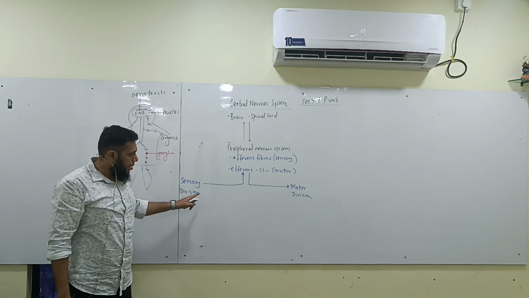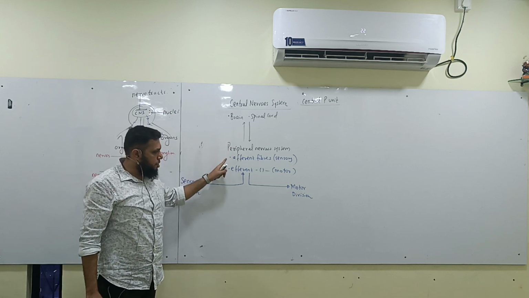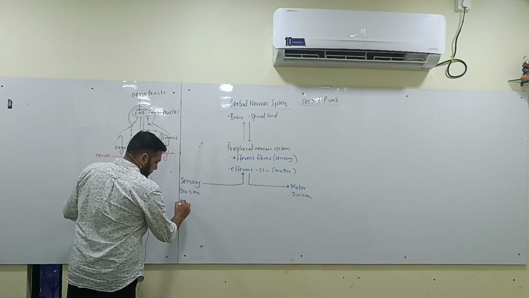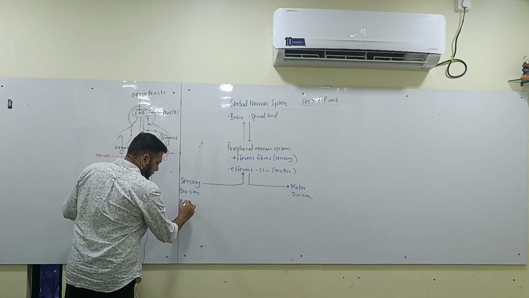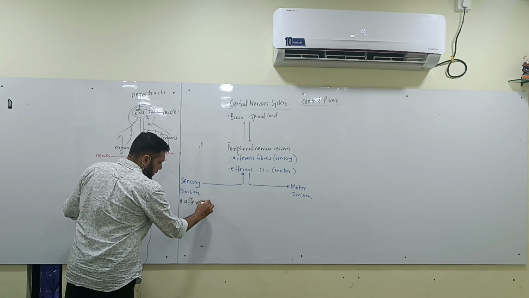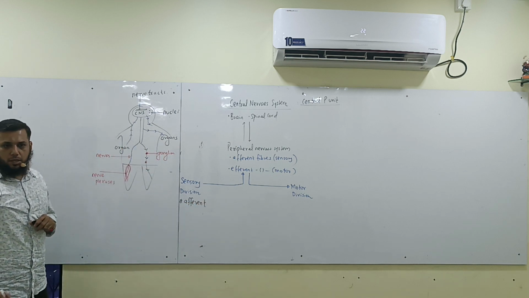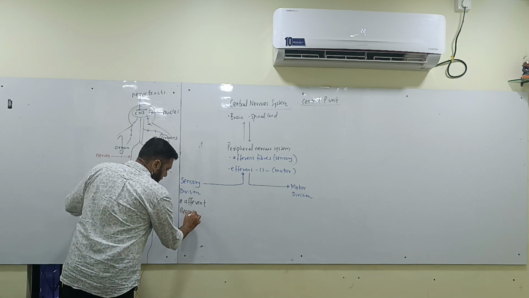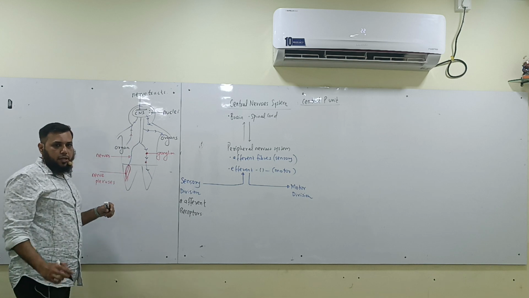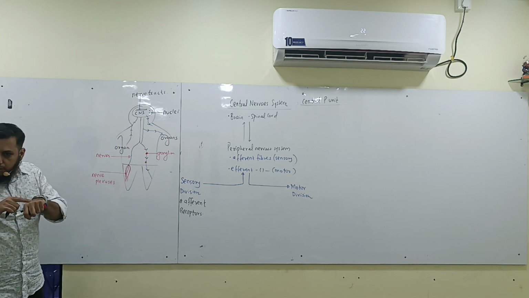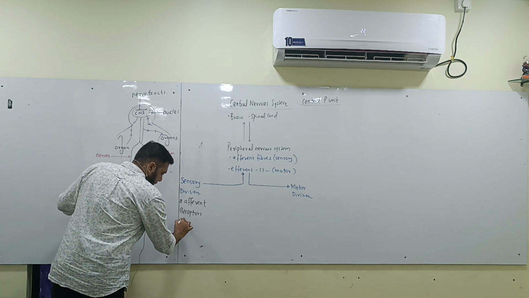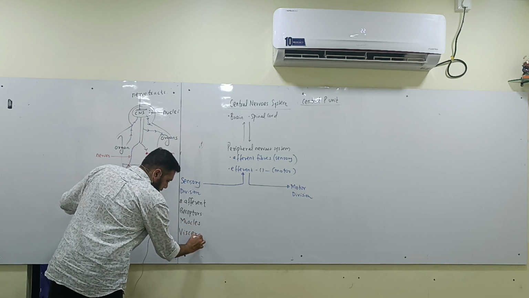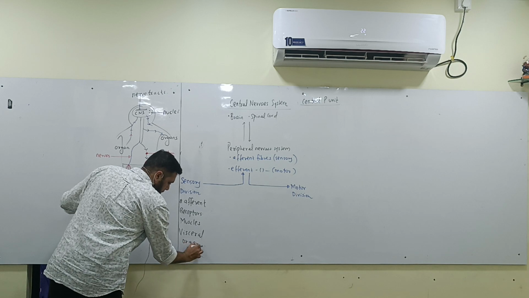So what are the two parts of the peripheral nervous system? Sensory division carrying information in. Motor division carrying information out. This sensory division consists of afferent or efferent fibers? Afferent fibers. And they carry the information from your receptors. Receptors like your eyes, ears, skin, then your muscles, then your visceral organs.